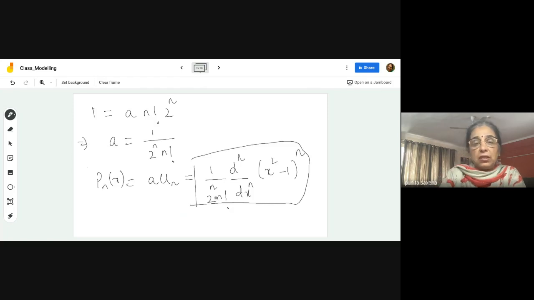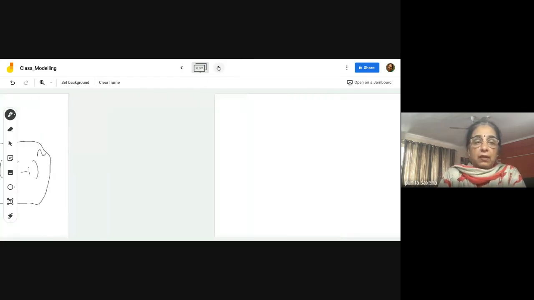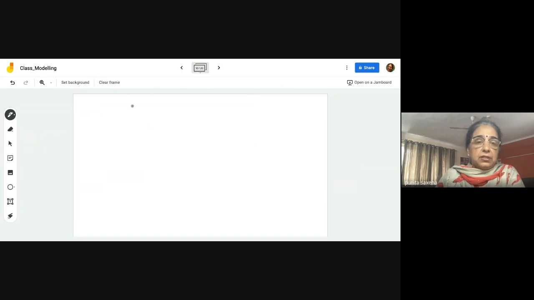Is it okay or not? Now, how to use it? I'll write it again because this is a very simplified and easy to remember formula. Pn of x is 1 upon 2 to the power n, n factorial into the nth derivative of x square minus 1 to the power n.